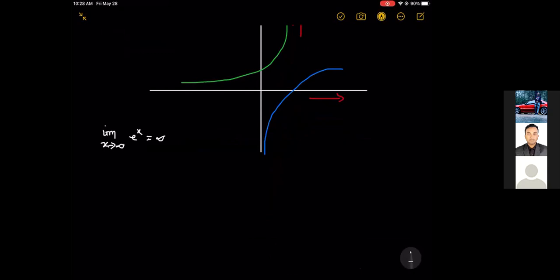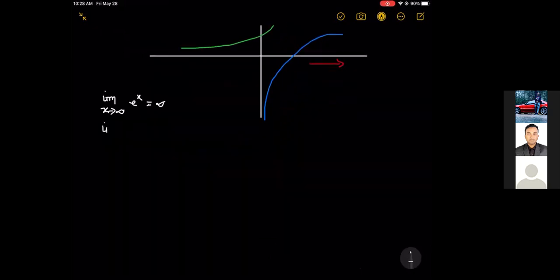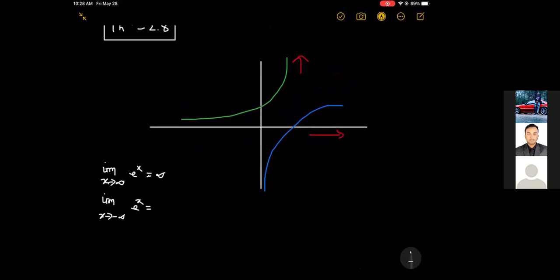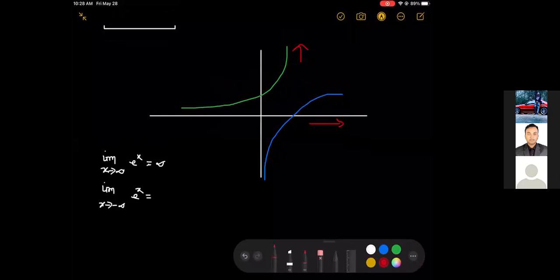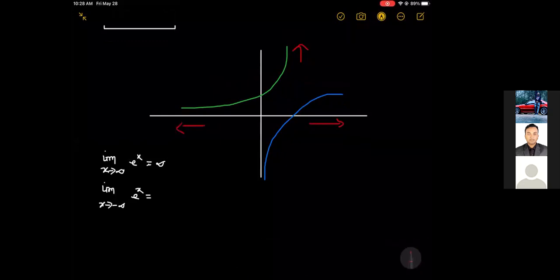All right. What happens when it's approaching negative infinity? When x tends to negative infinity, what happens? Don't look at the theorem. Just try to eyeball the graph, and try to see when you are approaching towards negative infinity in this direction.